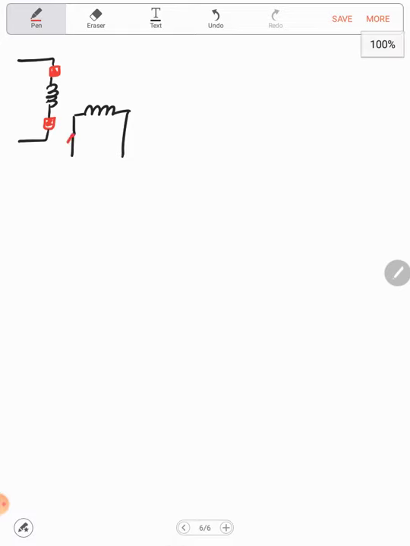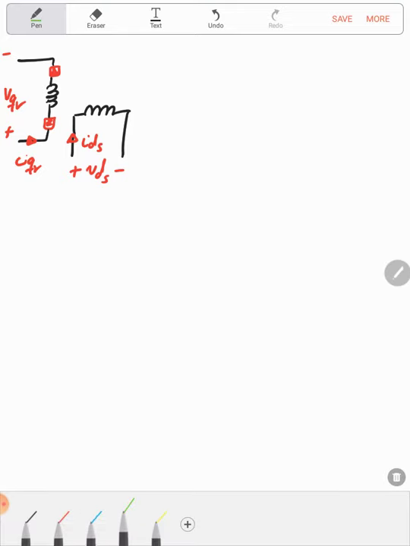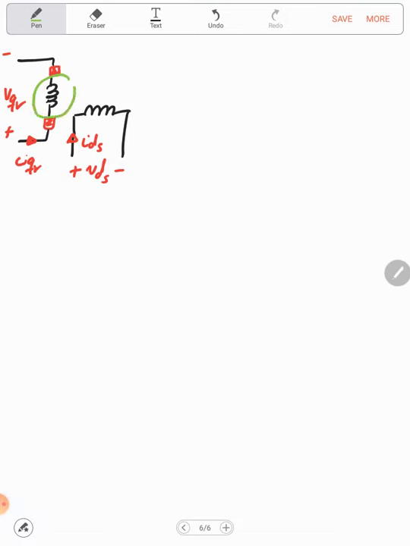So here will be plus minus V ds. This will be the I ds. And here plus minus V QR. Here a current will flow, which is the I QR. And this is what we call the separately excited DC machine.